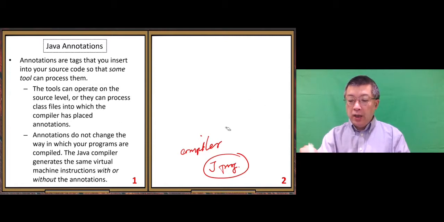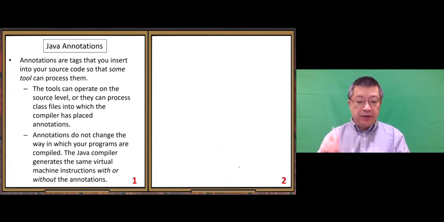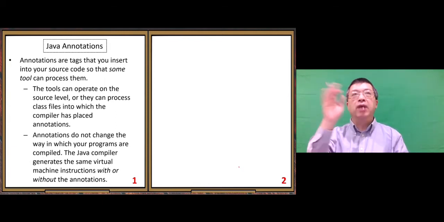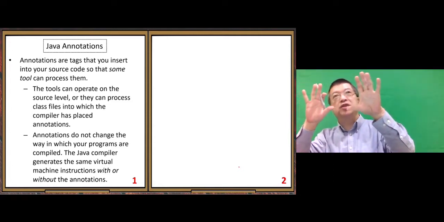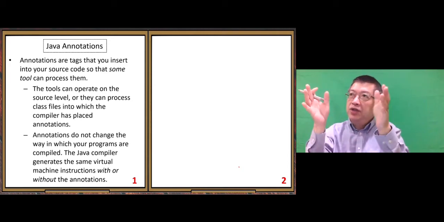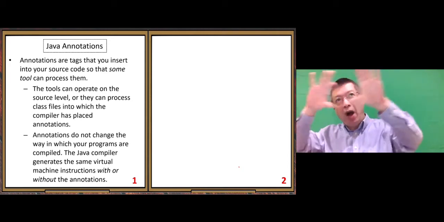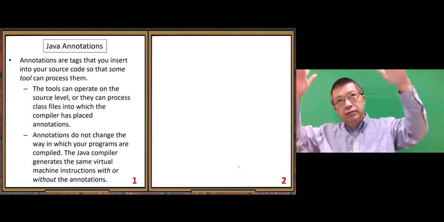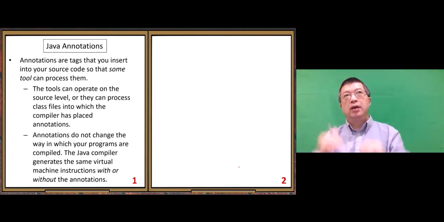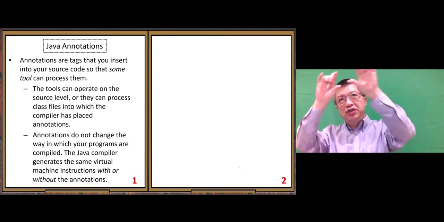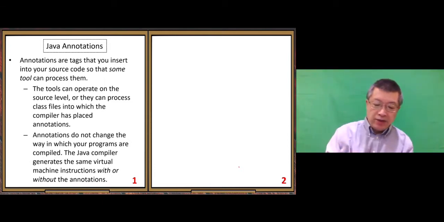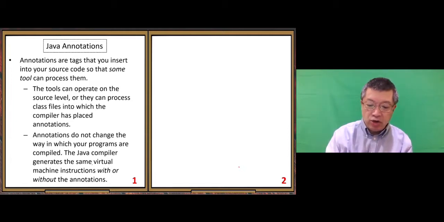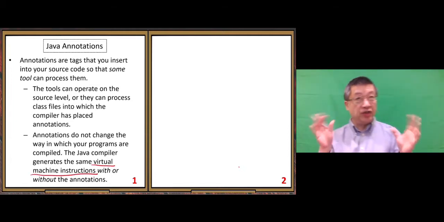Next. Annotations do not change the way in which your programs are compiled. Separated, right? So the compiled part stays the same. If you use annotations or no annotations, the Java instruction part stays the same. Annotations only change the top portion, the annotation portion. The Java compiler generates the same virtual machine instructions. What are the virtual machine instructions?